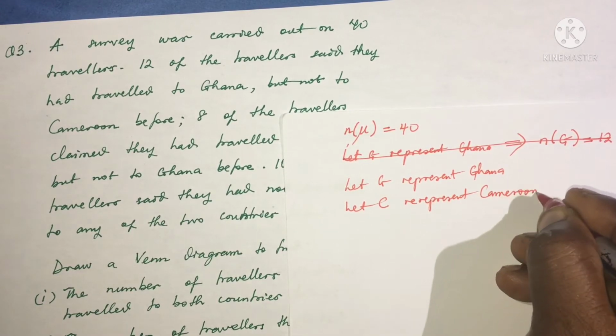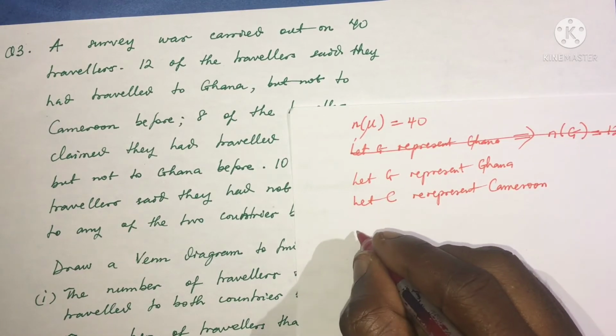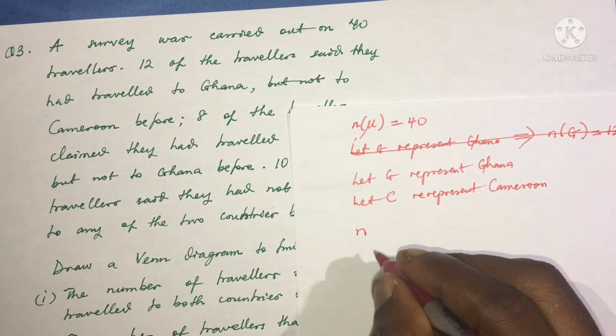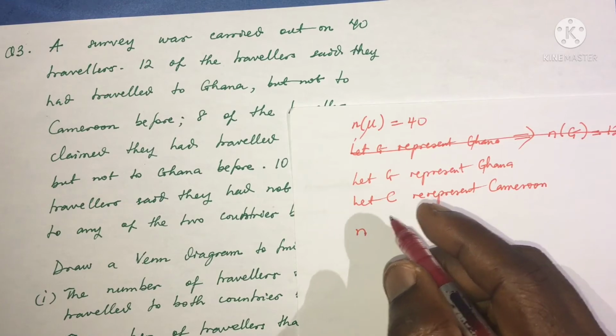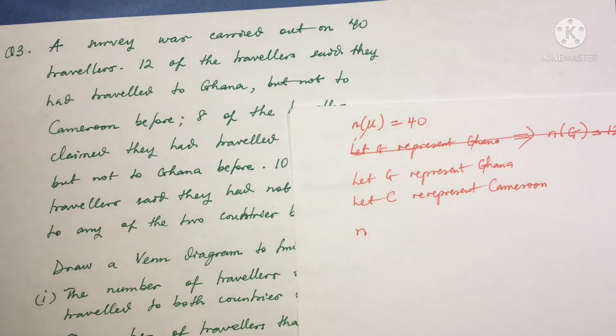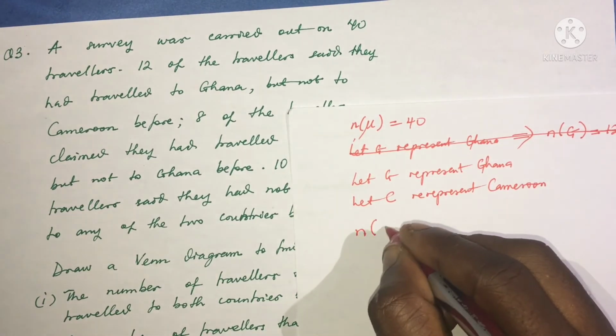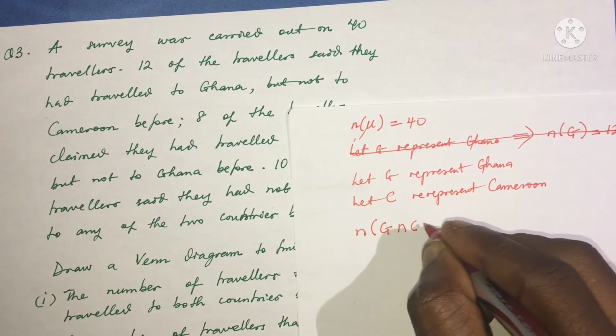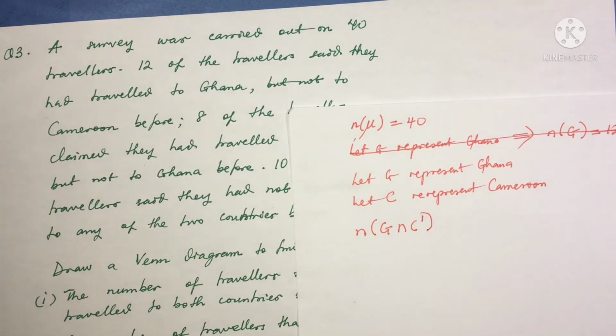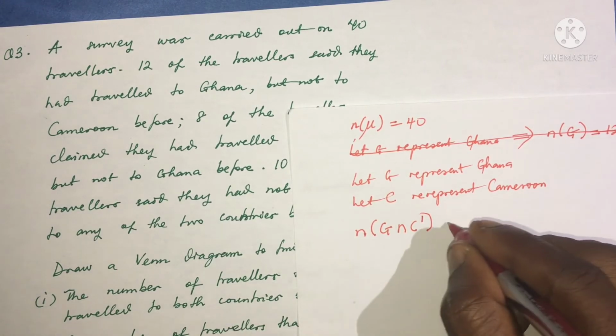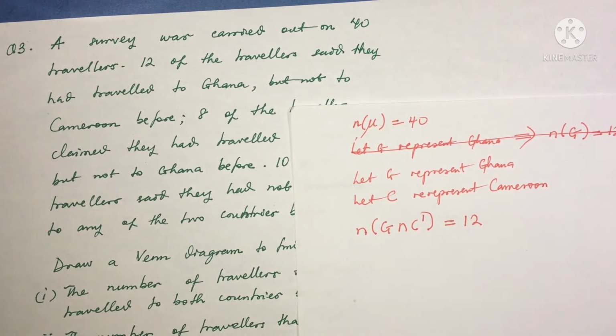Then, if 12 said they had traveled to Ghana but not to Cameroon, it means n(G intersection C'), with C carrying the complement, because they had not traveled to Cameroon, they had only traveled to Ghana, will be 12.